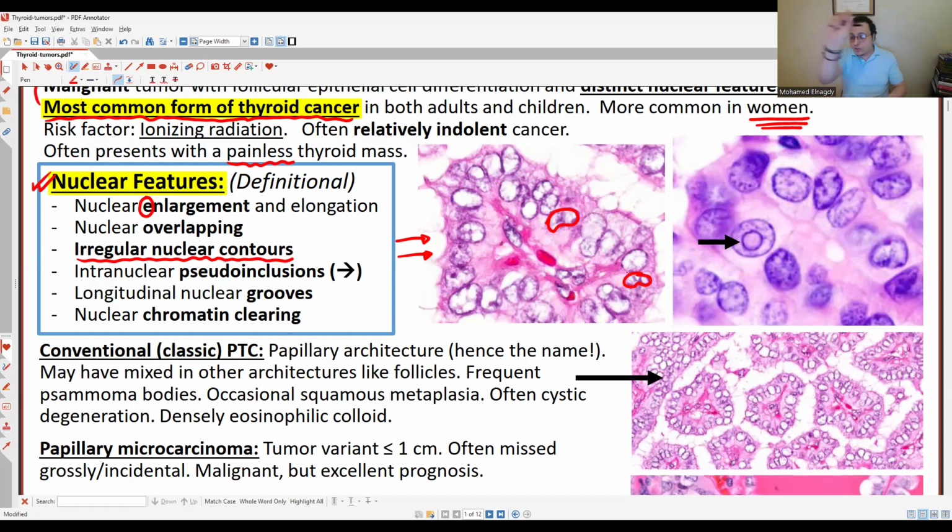It's not regular, not fairly rounded, not fairly circular. And sometimes they are punched from one side. Here also, see, it's punched from one side. So that's what I mean by irregular nuclear contour. That's asymmetry.